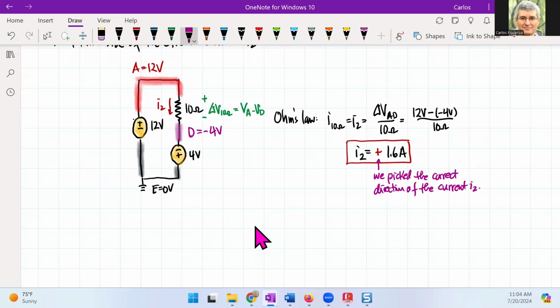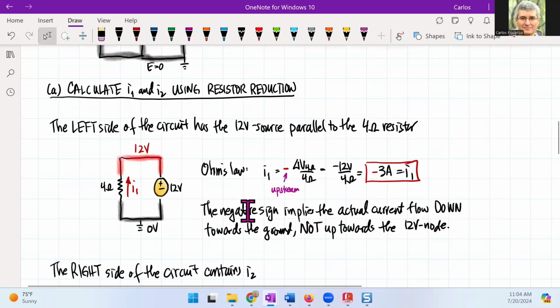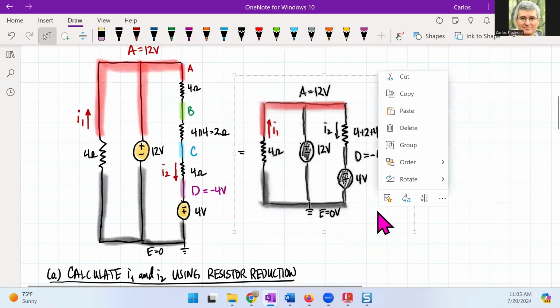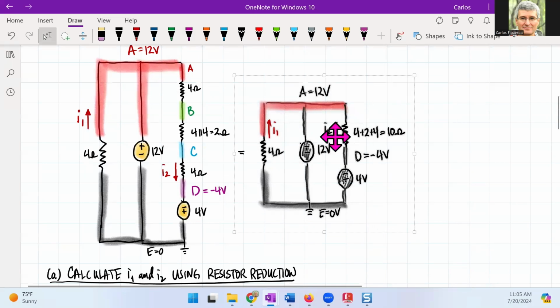If we had gotten a negative sign for that current, then it would be going upstream, and that's not what we actually want. So now I need a copy of this circuit here. Huh, looks like I colored it. So I'm going to have to modify this just a little bit.